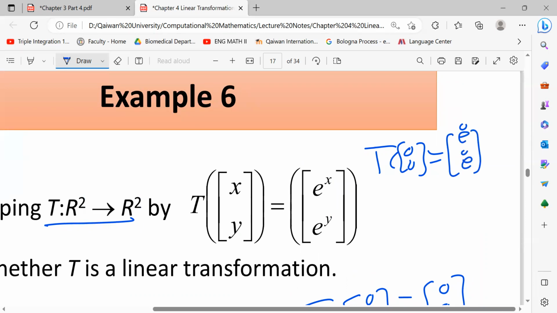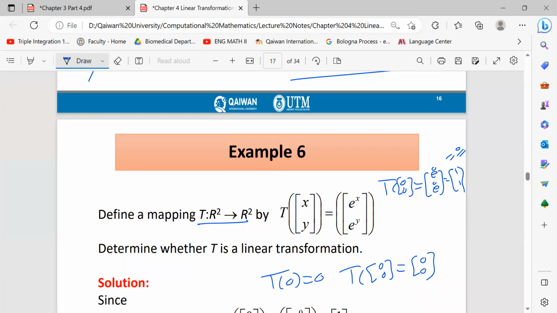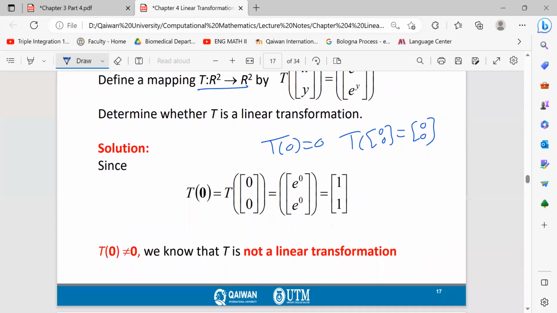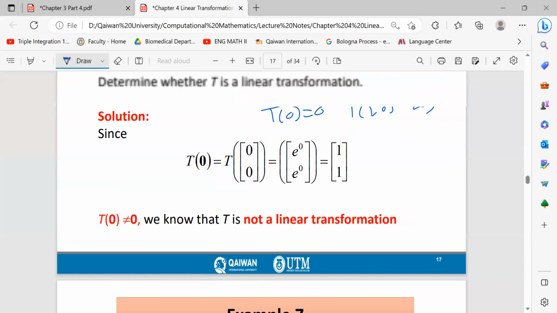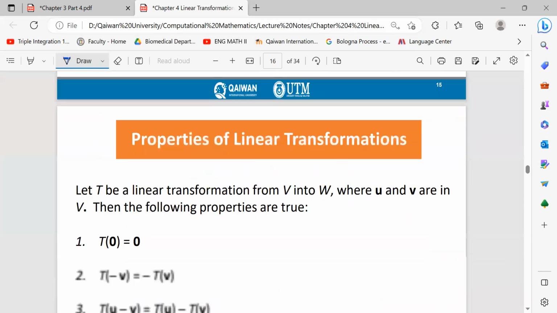What's e to the power 0? It's 1. So it's 1, 1. So it doesn't equal a zero vector. That means this mapping doesn't satisfy that condition, so it's not a linear transformation. That's enough. And also you can use any other property.